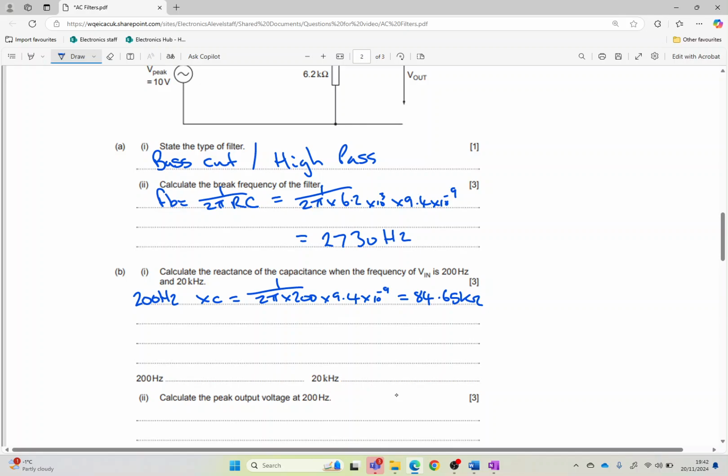And then going to 20 kilohertz, well, that's a change going up in frequency by a factor of 100. So therefore I'm going to take that down by a factor of 100. So that gives me 846.56.